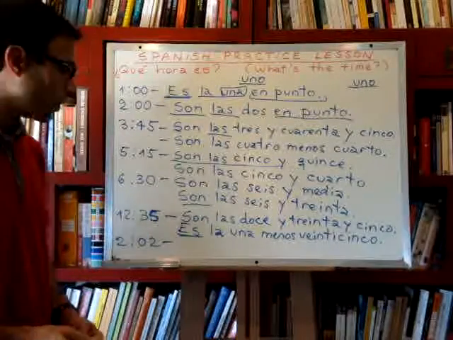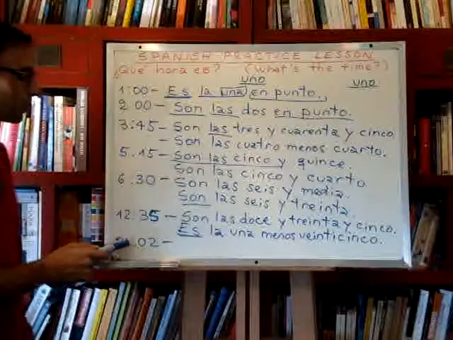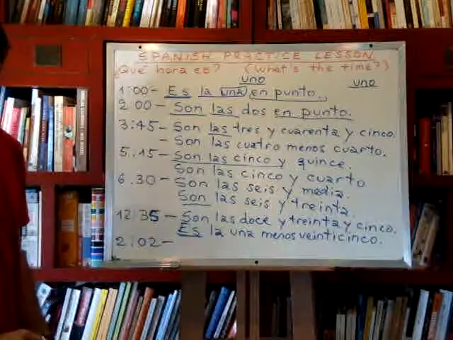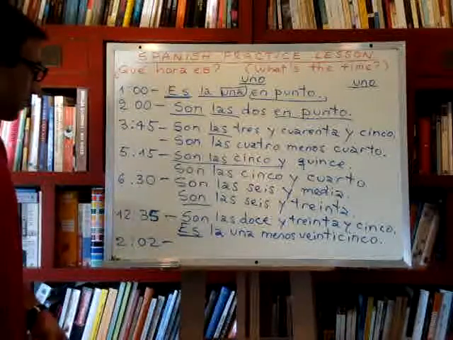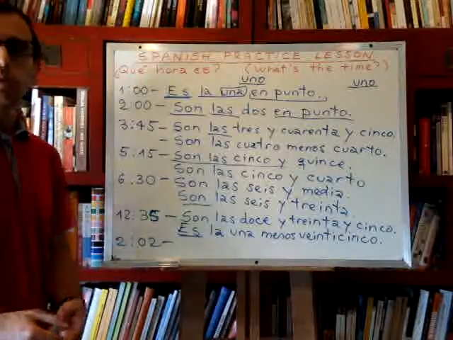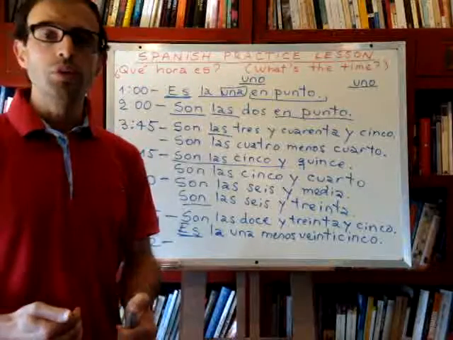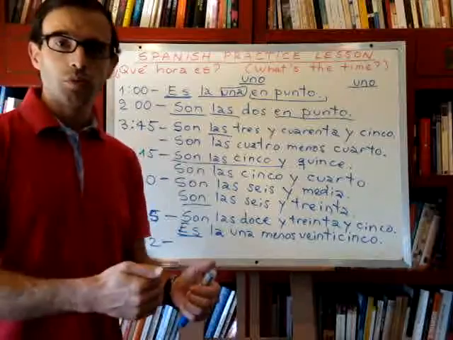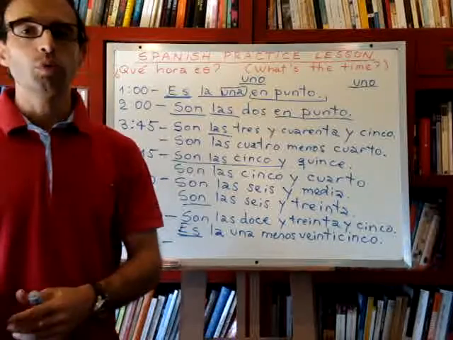And in Spanish we would say son las 2:02, okay? So in this case, same as in English, we wouldn't just say it is 2:02 like when we say it is 2:25.